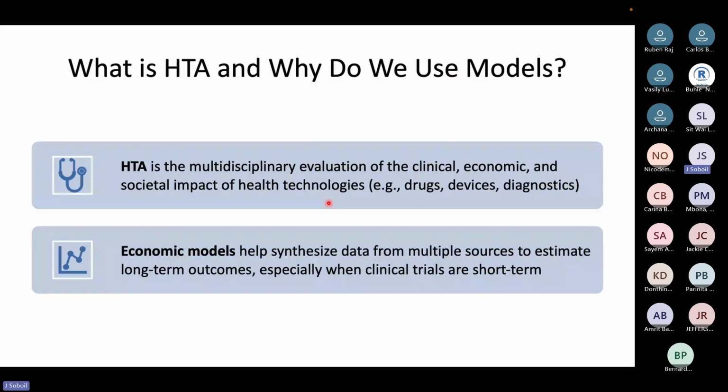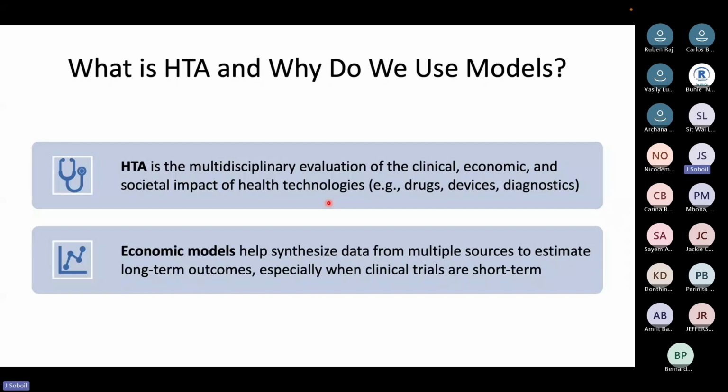So, as we discussed last week, HTA is a very broad, multidisciplinary process that is not only health economic related, but involves clinical experts, as well as considers the wider societal impacts of health technologies. And health economics is one of the tools that are used during this process.